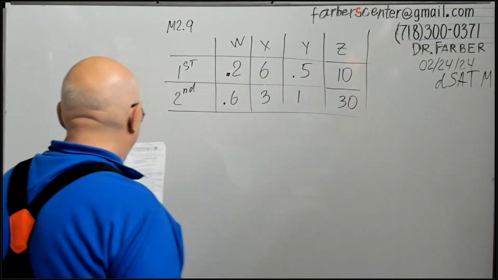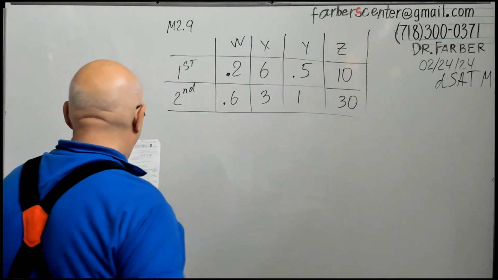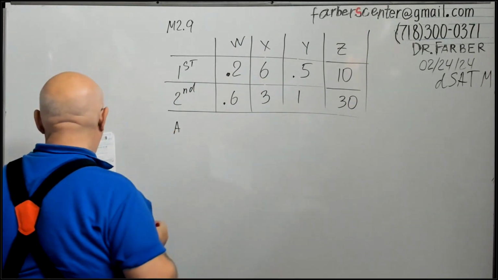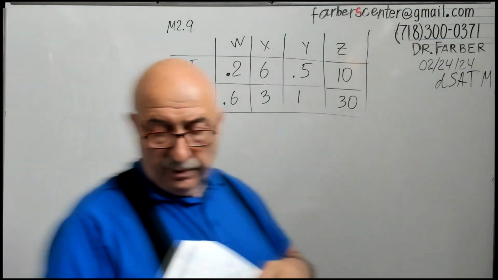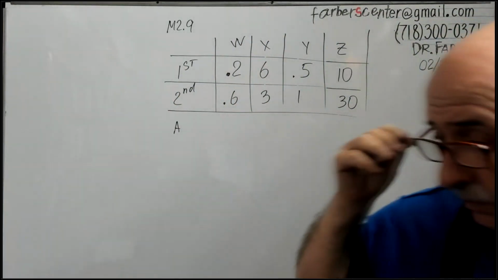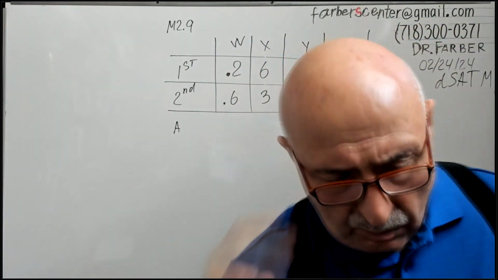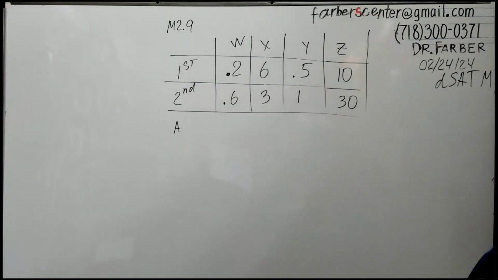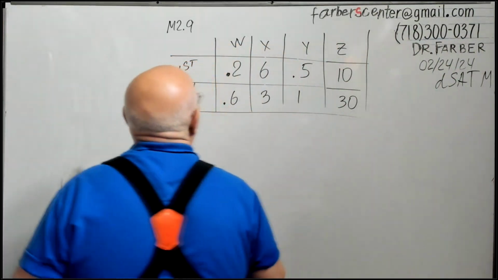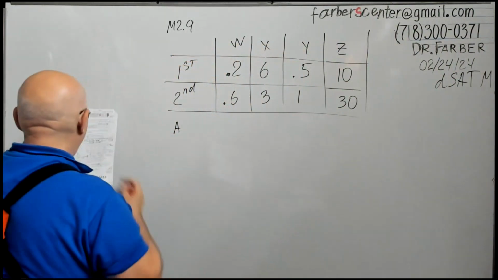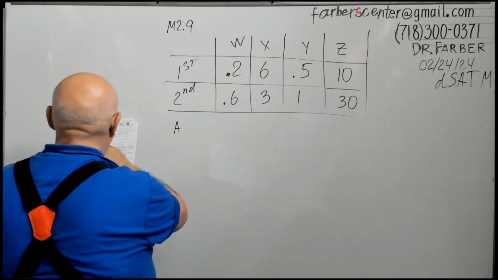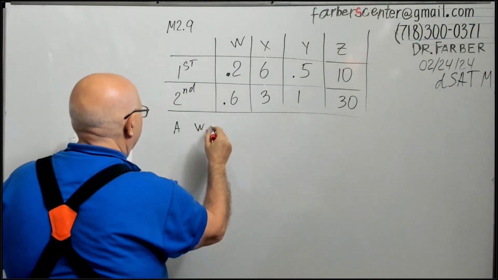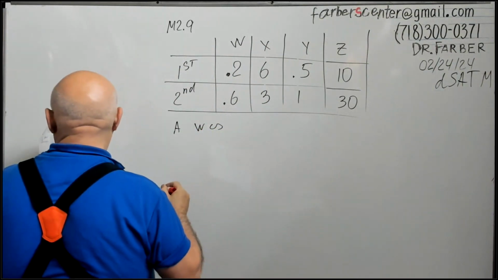Now multiple choice. A. What is it? In A we have X and Y. No, it's not X. W is proportional to Y directly.